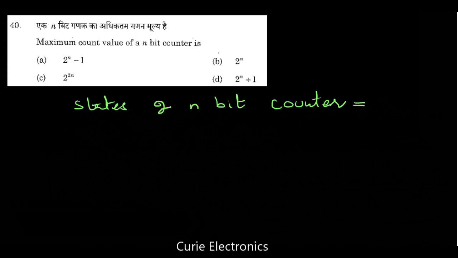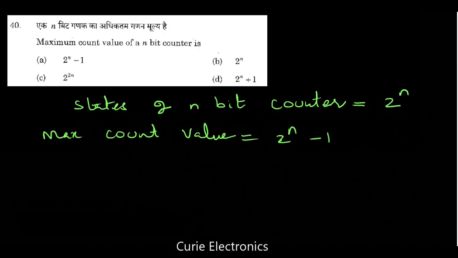This will be 2 to the power n. But what is the maximum count value? It will always be 1 less than the number of states. Max count value equals 2 to the power n minus 1. So the answer is option A.